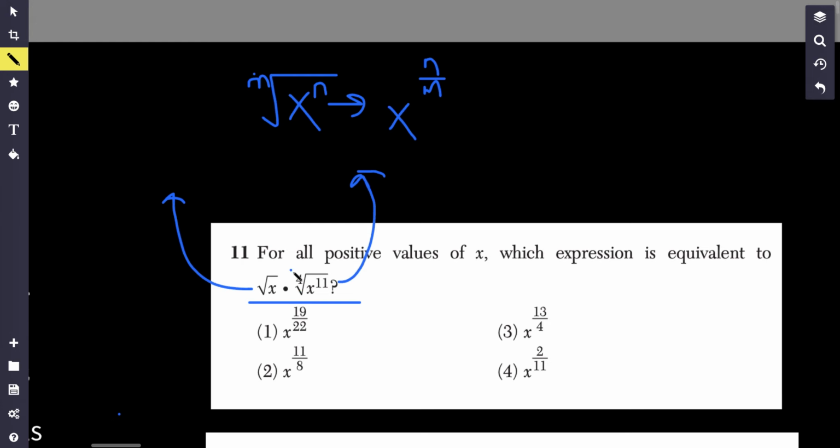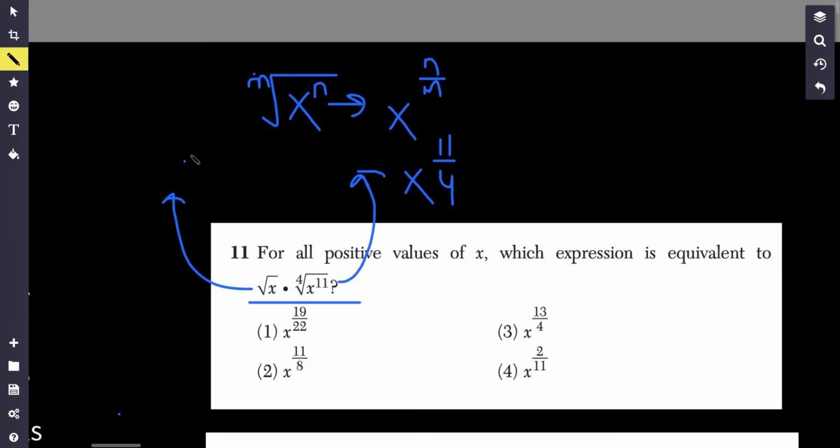For example, for this radical right over here, I can rewrite this as x to the 11 over 4. The n represents the power, and the power goes on the numerator, and at the bottom we have our m, which is the thing on the outside, and the thing on the outside goes on the denominator. So that's what we have here.